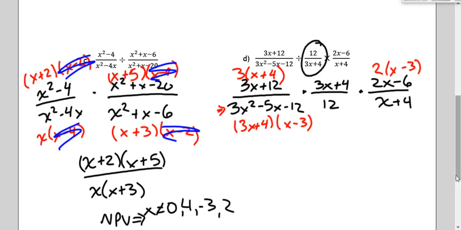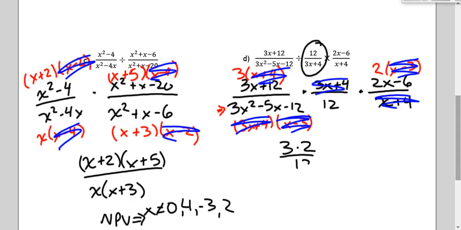So we're going to cross out here, here, and where else? Oh, here, x plus 4. Okay, so then that leaves us with 3 multiplied by 2 over 12.